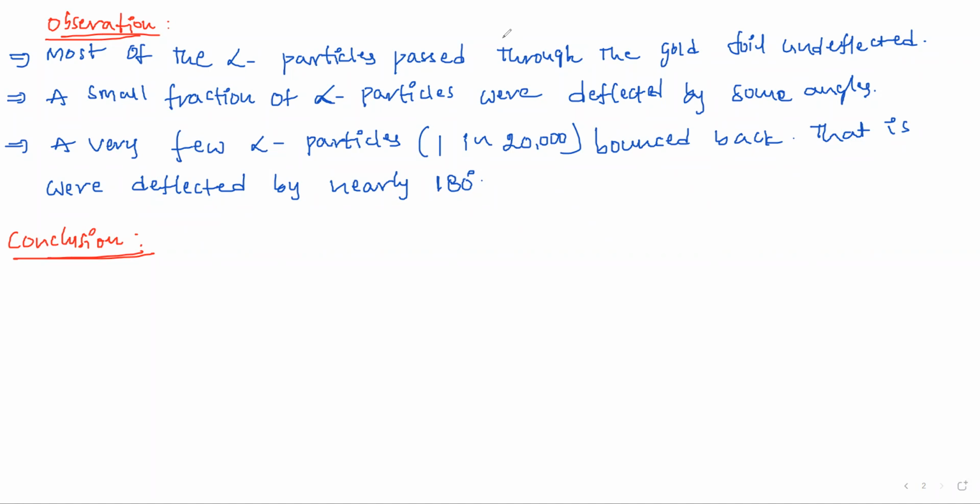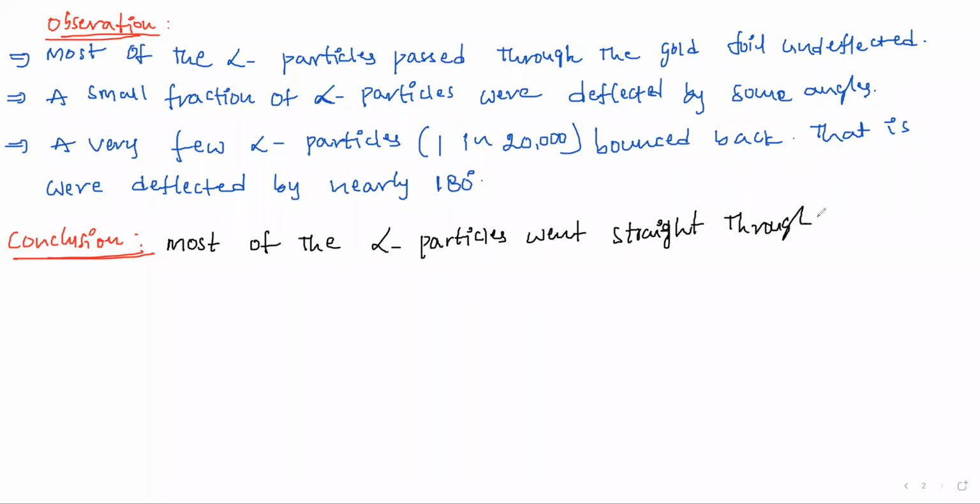Most of the alpha particles went straight through the metal foil undeflected.